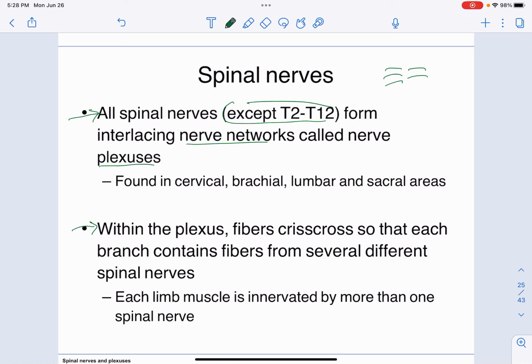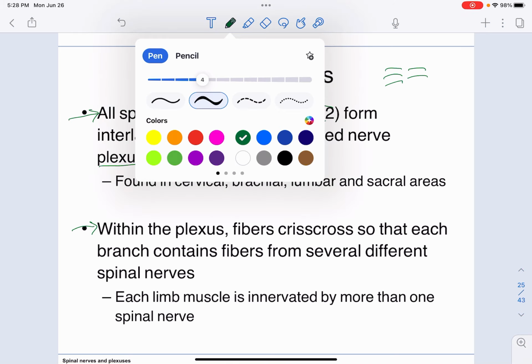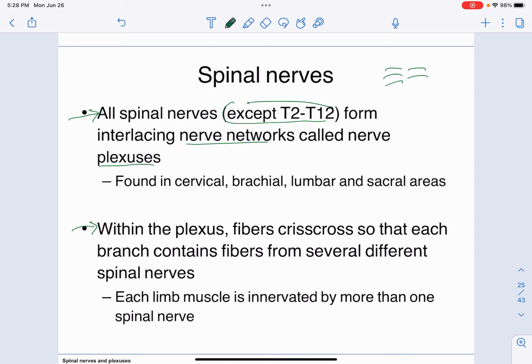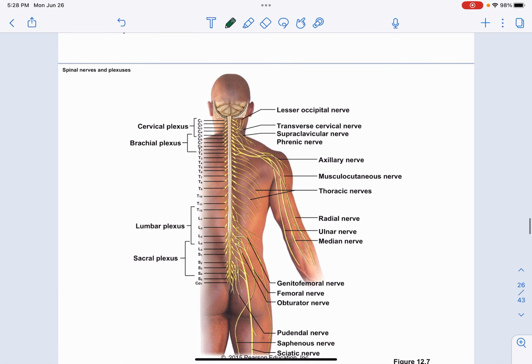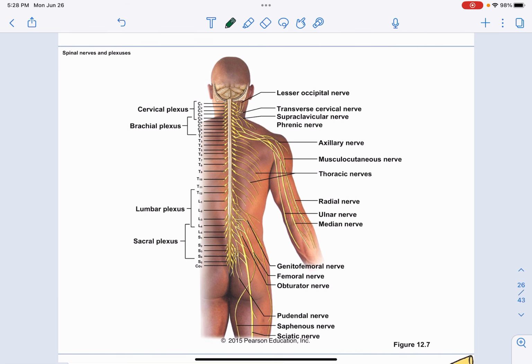And I'll show you a picture of what that looks like. So that each limb muscle is innervated by more than one spinal nerve. So this does create some redundancy. But you will see on models that we have in the lab, you'll be able to make out these plexuses and what I'm talking about.